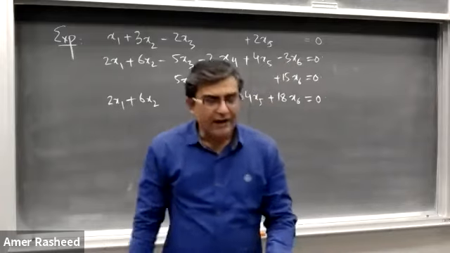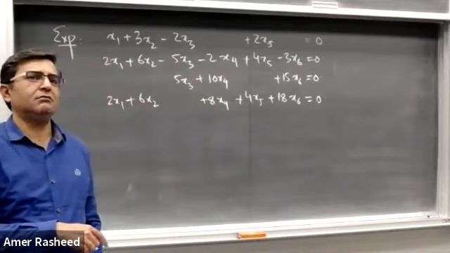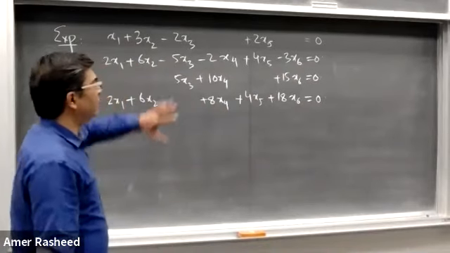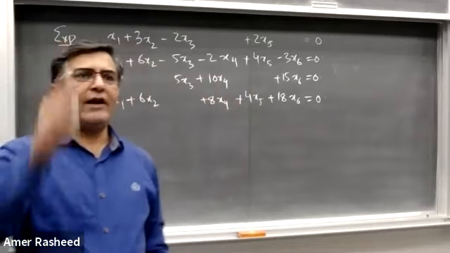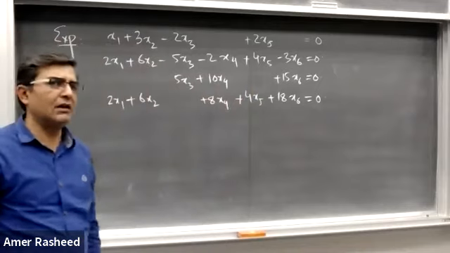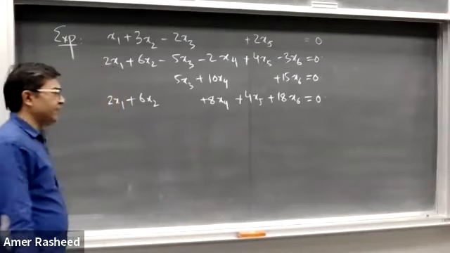I don't need to tell you to solve this homogeneous linear system, I would just say solve this linear system. You can see that the right-hand sides of all the equations are 0, so obviously it's a homogeneous linear system.